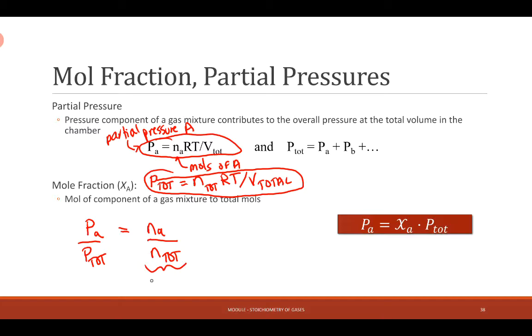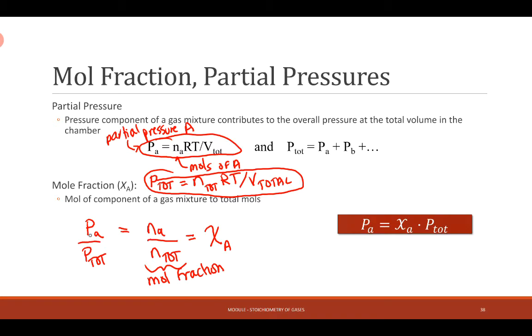This is what we call the mole fraction, which is given a symbol X, and that's going to be the mole fraction of A. So the mole fraction of A is going to be the moles of A divided by the total number of moles in the container.